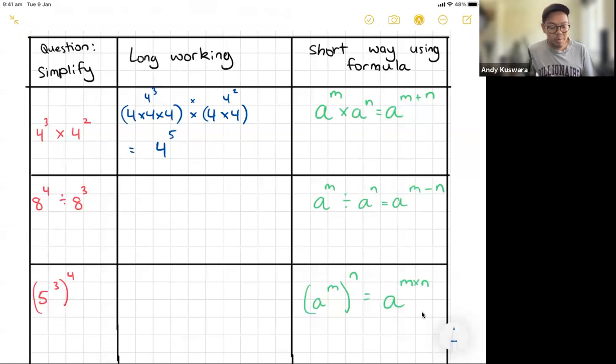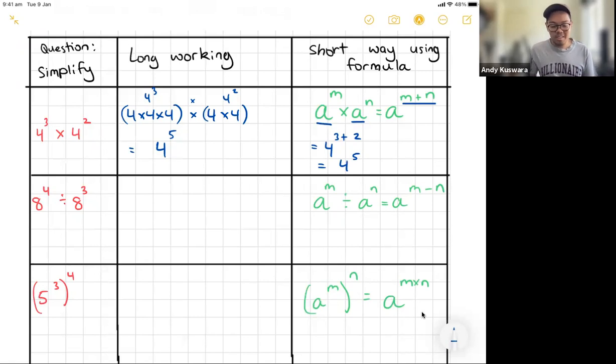That's all you're doing. When you multiply two things that have the same base, they end up just adding together. This is what this formula is saying. As long as you've got the same base, you add the powers together. So in this case, it would be 4 to the 3 plus 2, which equals 4 to the power of 5. Boom. Shortcut done.